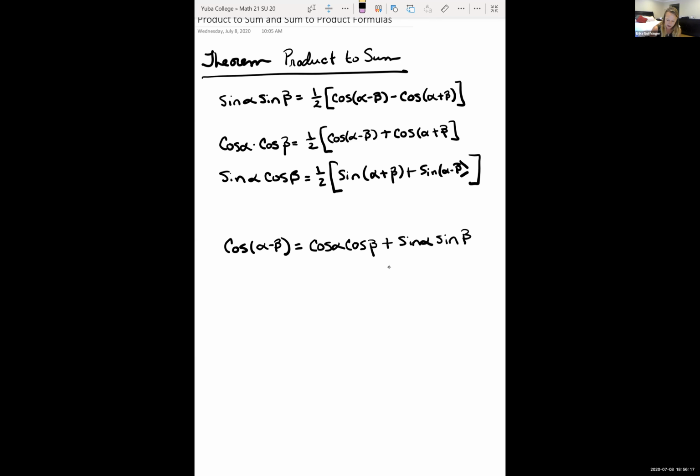And then we also have cosine of alpha plus beta. Sum of angles for cosine again are cosine, cosine, sine, sine, opposite sign in between. So cosine alpha, cosine beta, but this time it's minus sine alpha, sine beta. To derive one of the formulas up here, you're going to sum both of those formulas together. And to derive another one, you're going to subtract.